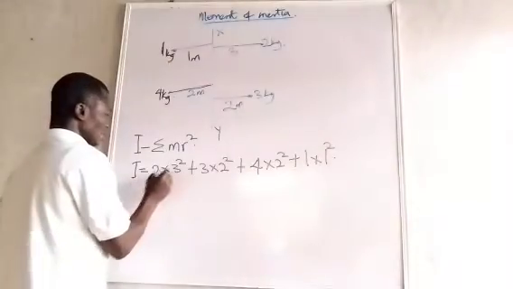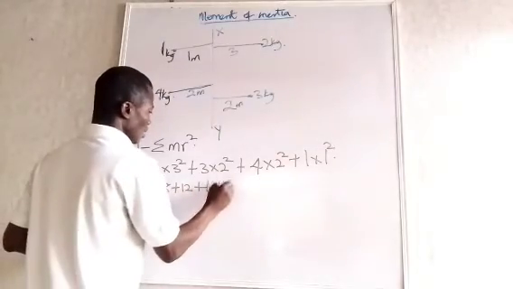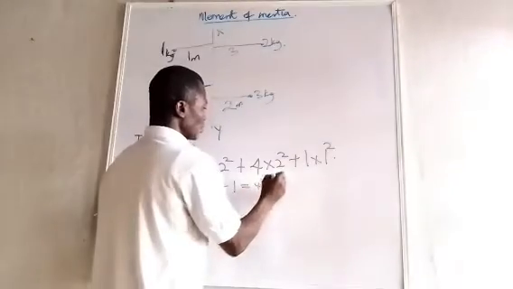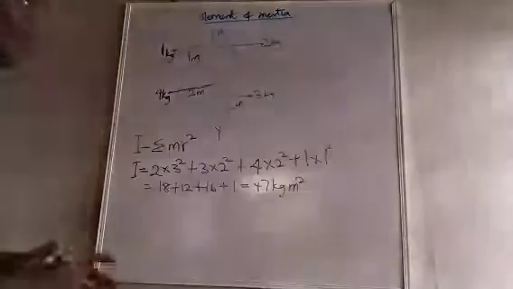So this gives us 18 plus 12 plus 16 plus 1. This is 30, 46, 47 kilogram meter square.